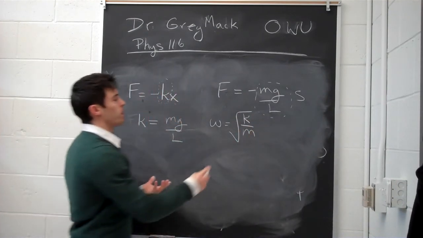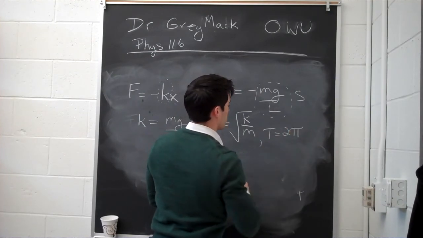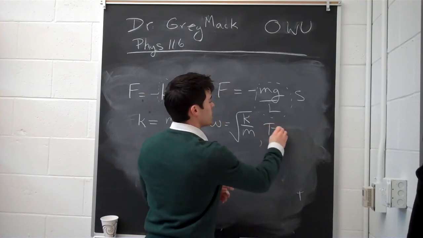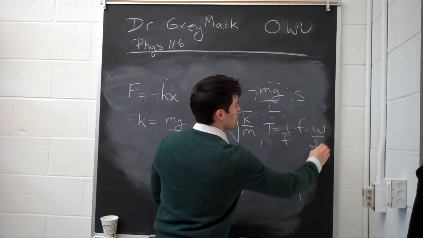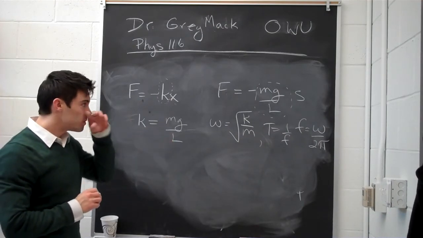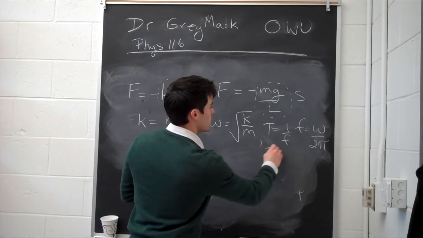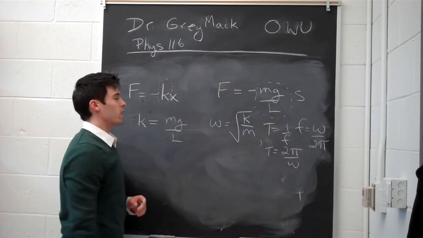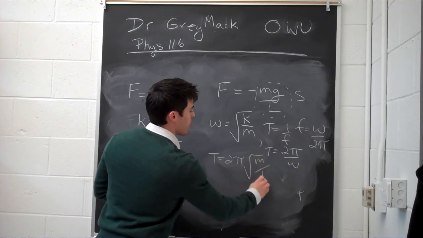The period is equal to 1 over the frequency, and frequency is equal to omega over 2 pi. Putting these things together, T is equal to 2 pi over omega, so T is equal to 2 pi square root of m over k.